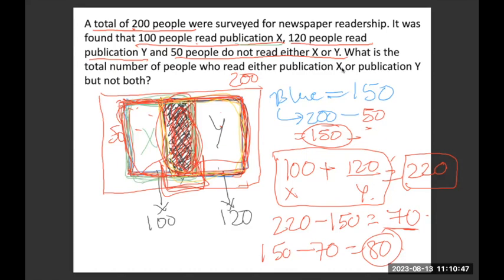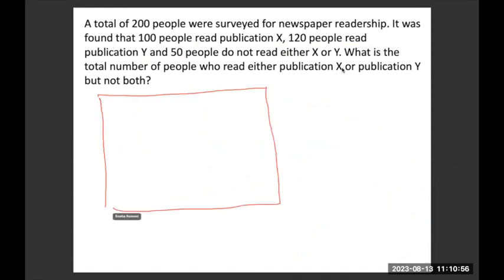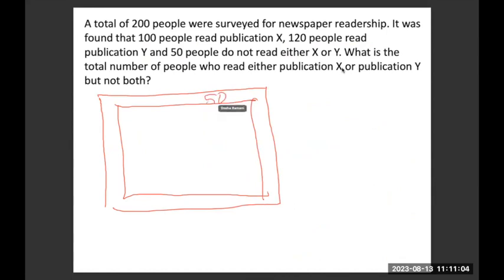What I did was, see, in this part, what I'm given is there is 50. I'm drawing another boundary. This is 50 people. This is total 200 people. The number of people who are staying in this blue box is 150.